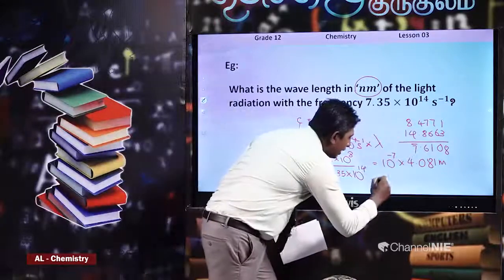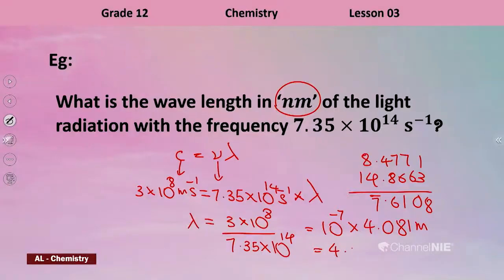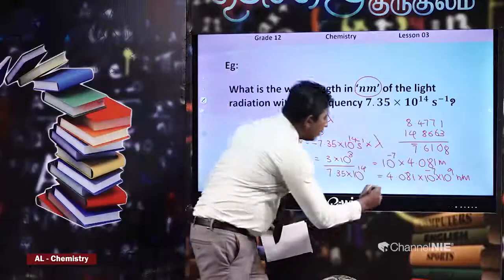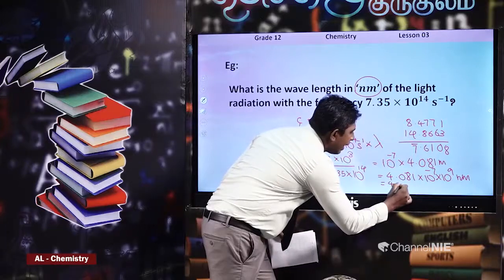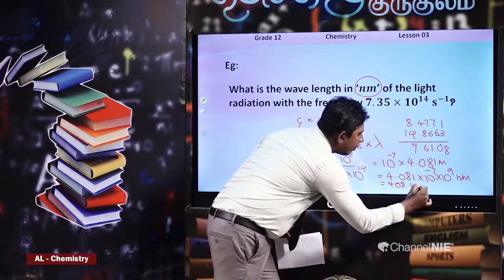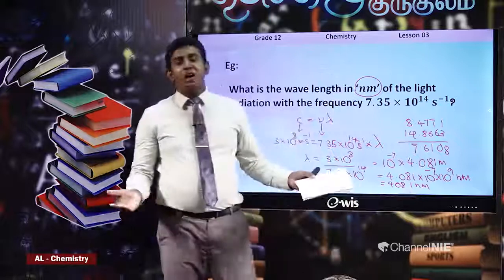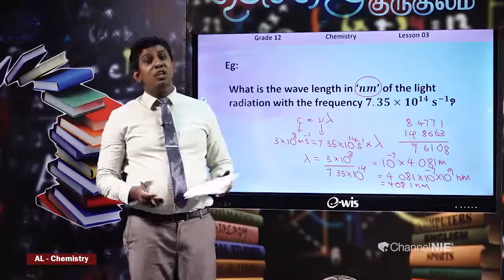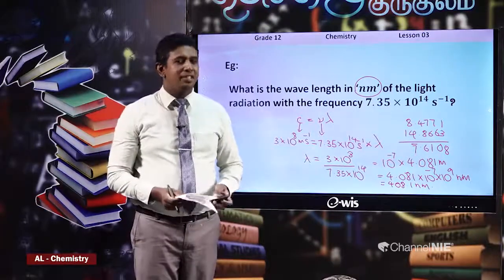Then students, when you do that, it's 4.081 into 10 to the power minus 7 into 10 to the power 9. Now it's in nanometers, nm. Okay, the answer is 408.1 nanometers. See how easy, when you use the log table, you could easily get the answer.